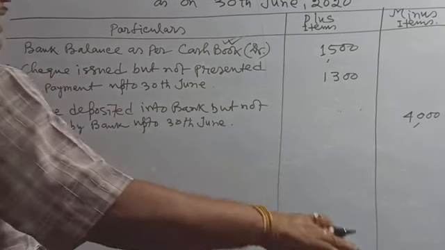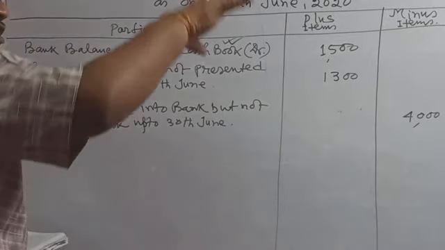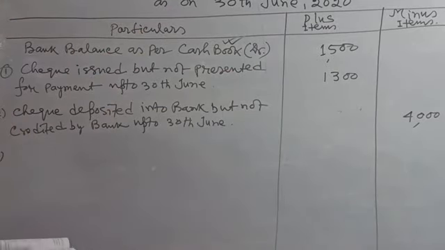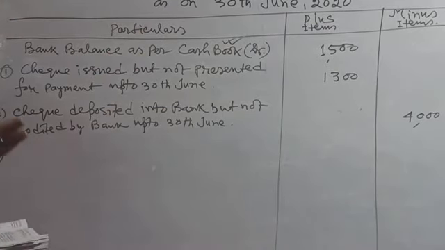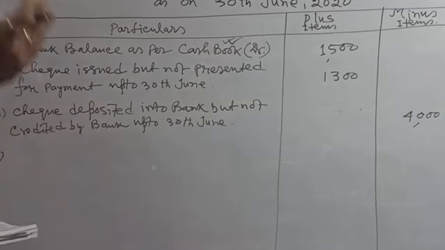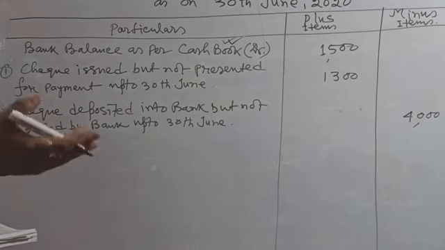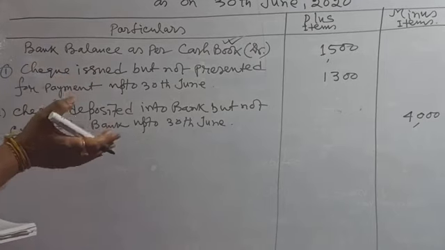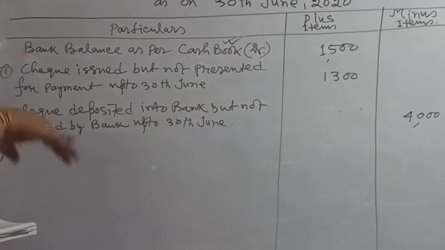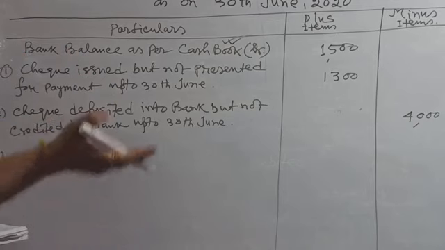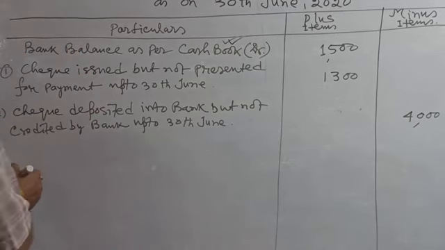Actually, cash book interest on investment credited, passbook is more, but cash book is not recorded after that date. As a result, what is the effect on that? The cash book is less, then your answer is plus or add. Now what is the amount?